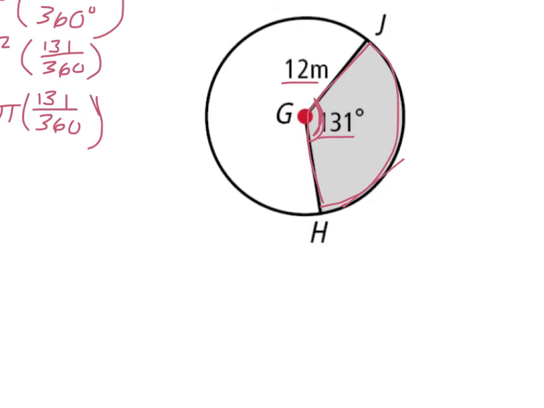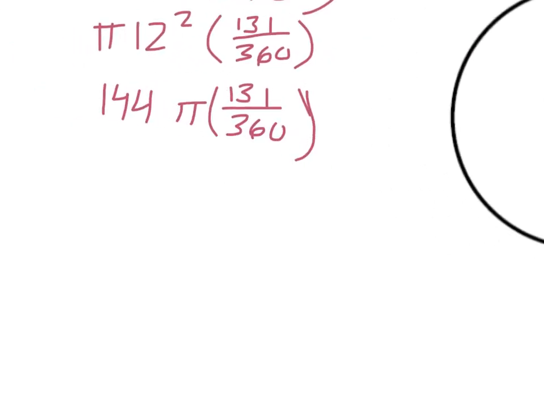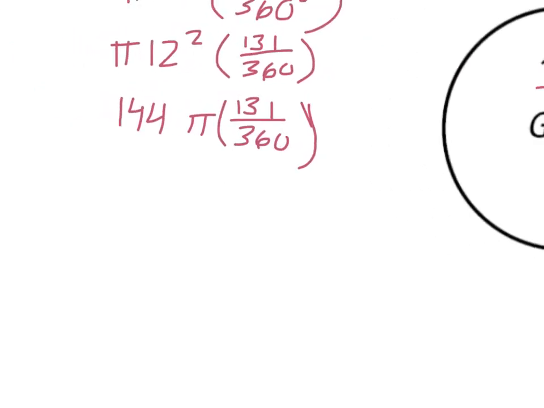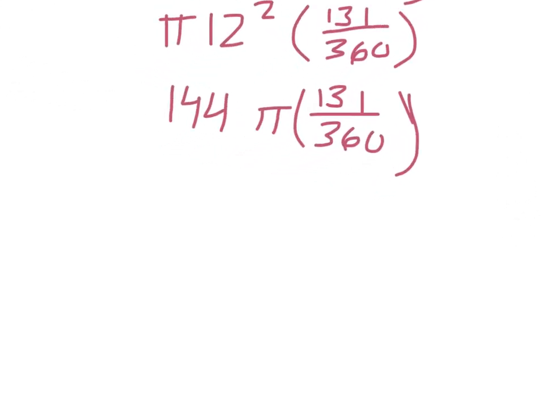Okay, so now we can put this into our calculator. It wants it in terms of pi, so we're going to leave it in terms of pi, and then it also wants it rounded to the nearest hundredth. So we're going to do 144 times 131 divided by 360, which gives us 52.4 pi.